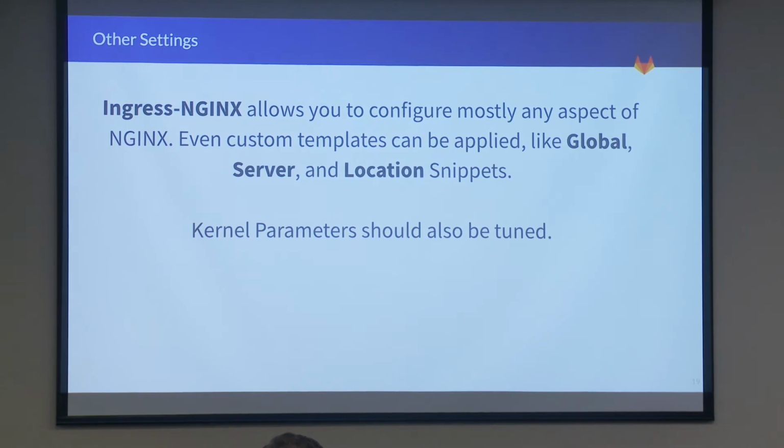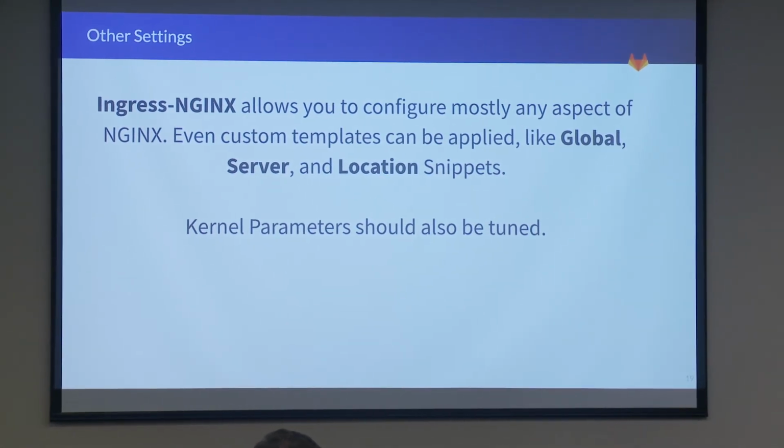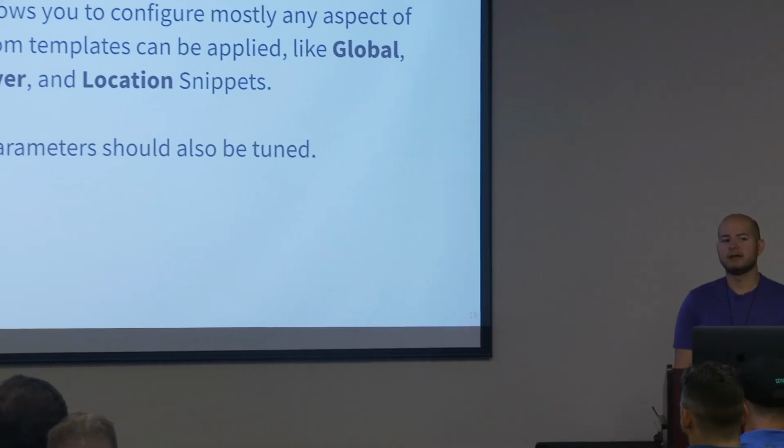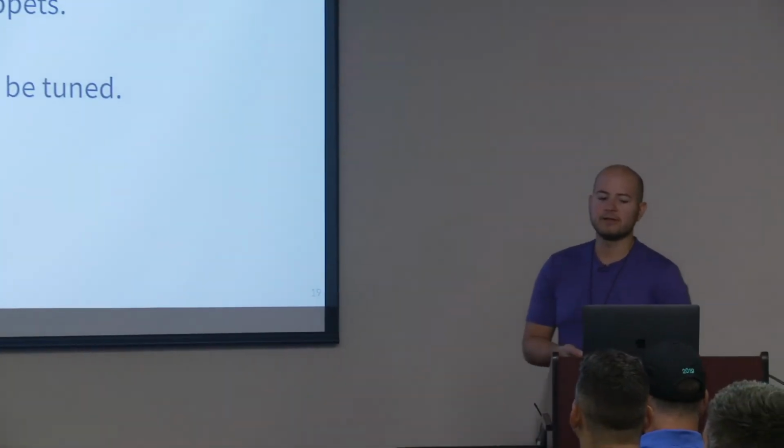And then there's a lot of different things that should be tuned within the Ingress controller. It's not solely about Nginx directives, like the things that we've spoken about. There's things like the bucket size, redirecting to HTTPS, implementing CORS.